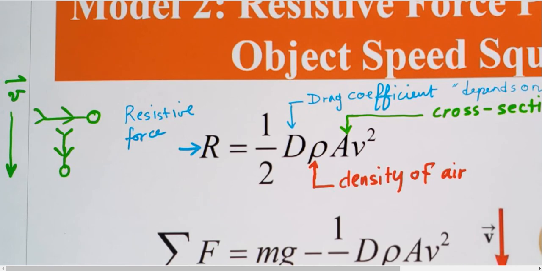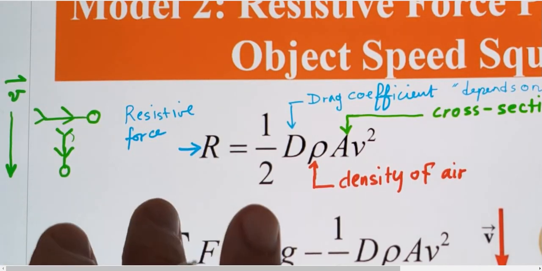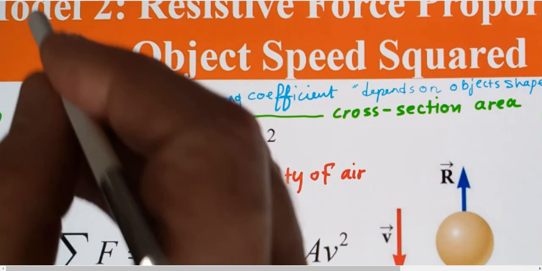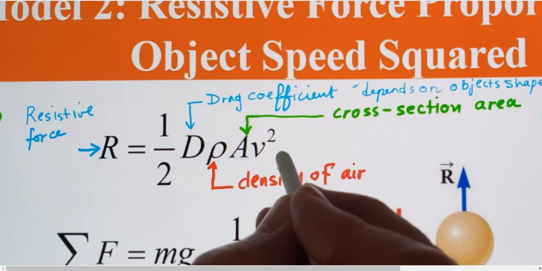That is correct. And you can see this a lot in the movies, that when he wants to go faster, he will just reduce his cross-section area. And finally, this is the speed.